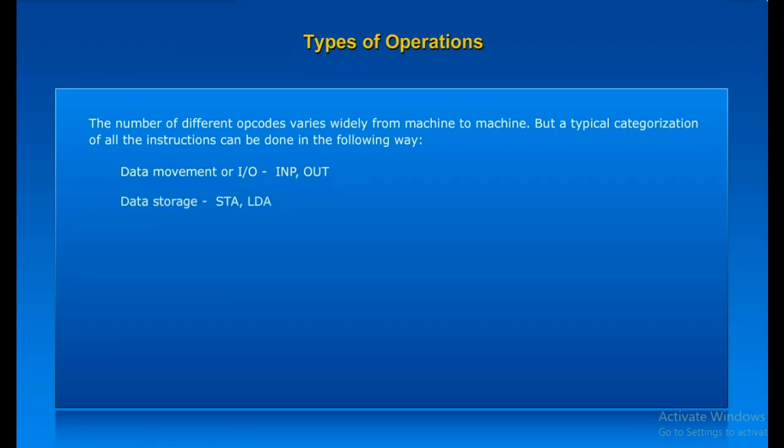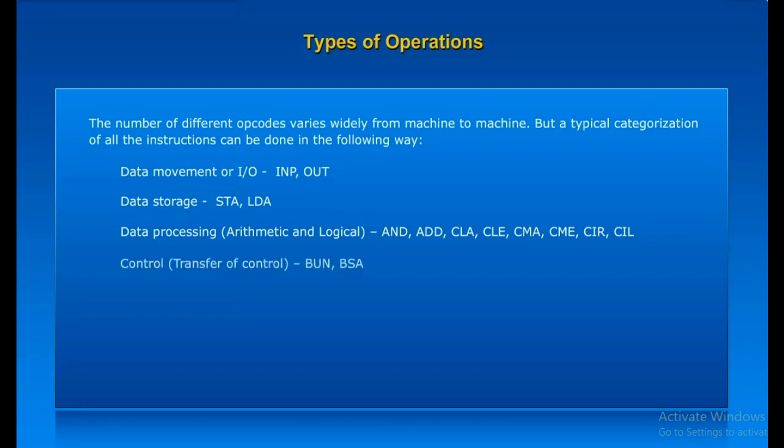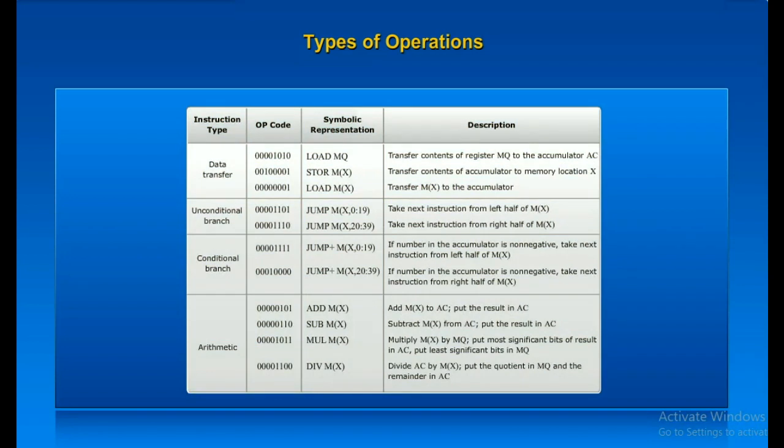STA, LDA are data storage. AND, ADD, CLA, CLE, CMA, CME, CIR, CIL are data processing instructions, and BUN, BSA are control instructions. Similarly, another example could be the IAS computer's instruction set.